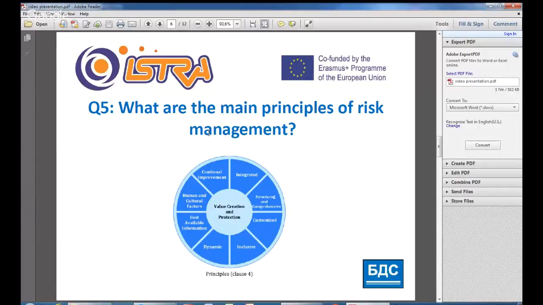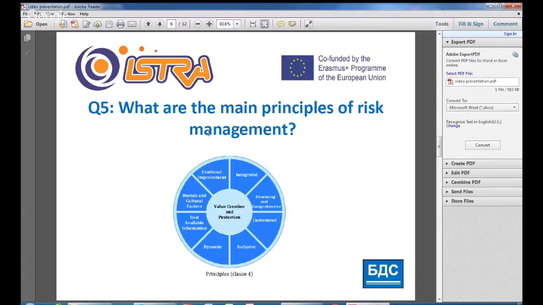Customized. This means that risk management should be tailored to the specific organizational needs, objectives, environment, stakeholders, etc. Inclusive. Risk management should be transparent and inclusive.